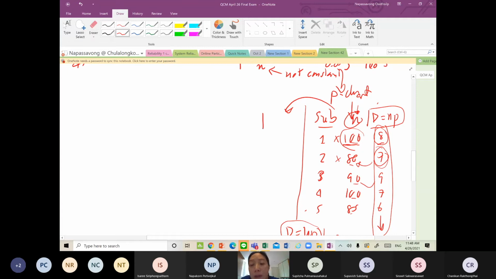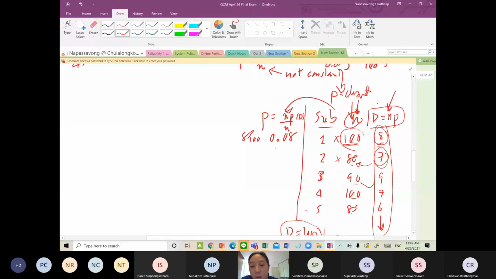the number of defective into the defective rate, which is called P. So we have to take this column and then divide it by the column of n, and then we will get 8 over 100, which is 0.08.